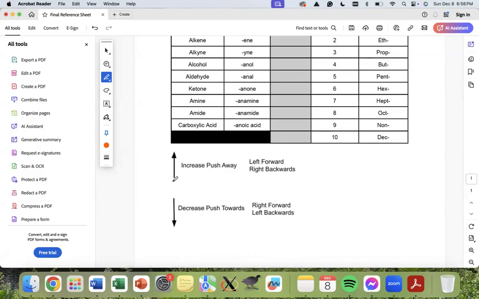Once you identify if the prompt is talking about a push increasing or decreasing, then you can just come to this reference sheet and determine if the reaction is going forward or backwards, okay? So how to use this, I'll show you.